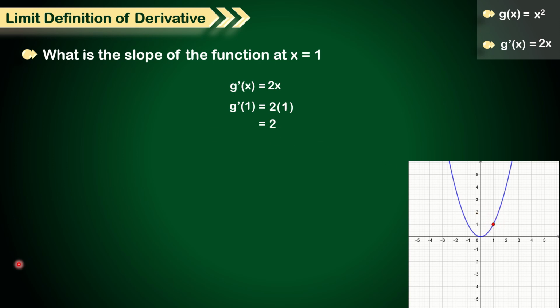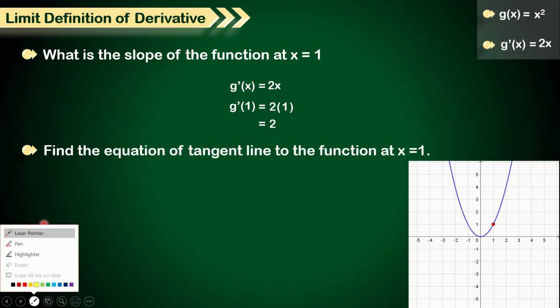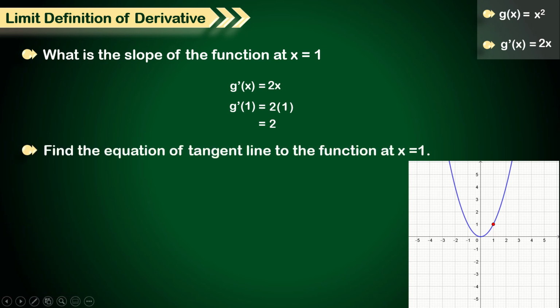In connection to this, find the equation of the tangent line on the function at x is equal to 1. There are ways to find the equation of a line that you learned in your basic algebra. In this example, to find the equation of a line, we will use point-slope form.